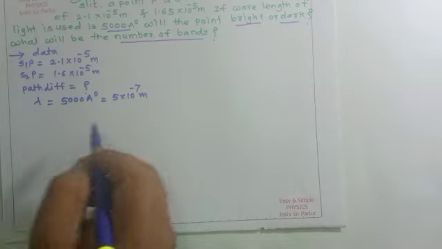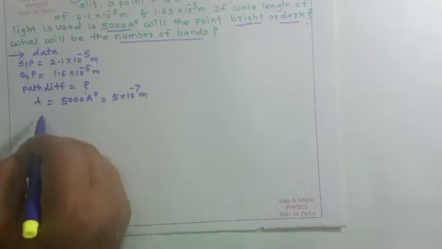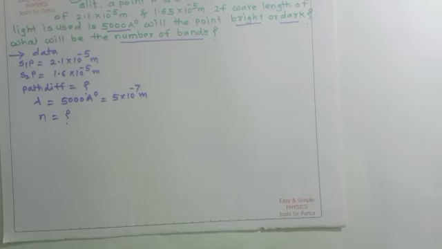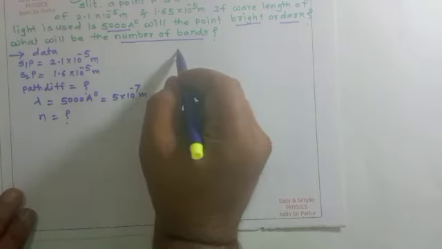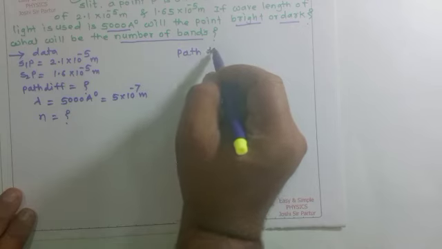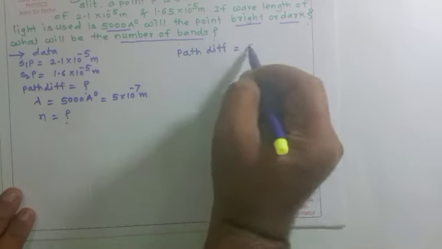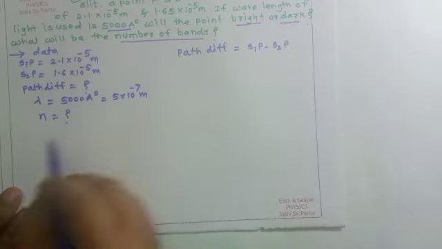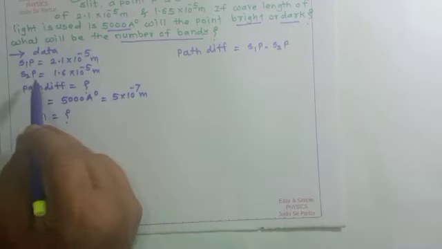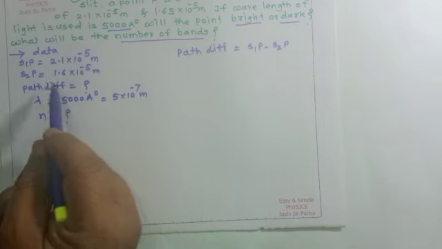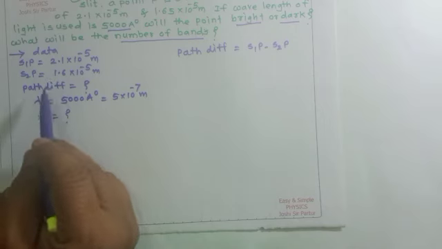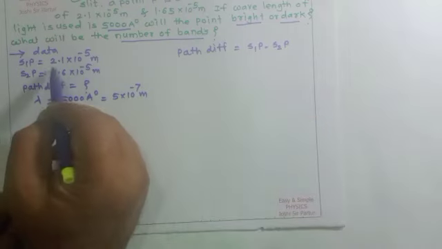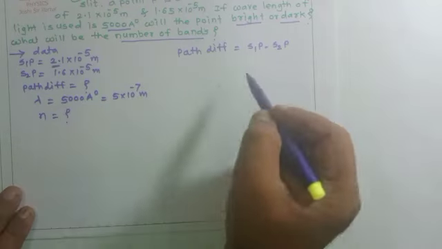Then the point will be bright or dark, and how many bands are present. First we solve the path difference. It will be S1P minus S2P. Here S1P is greater than S2P; if S2P were greater we would use S2P minus S1P, but here S1P is the greater value.